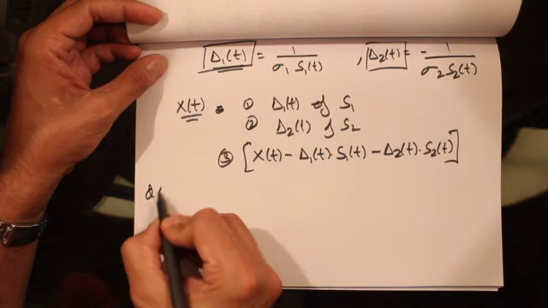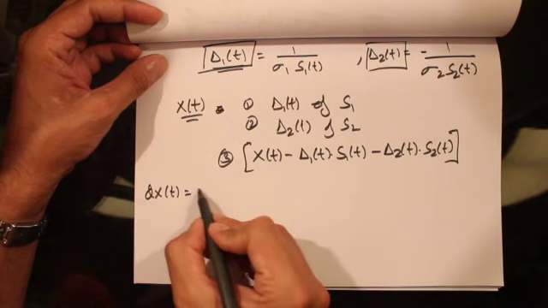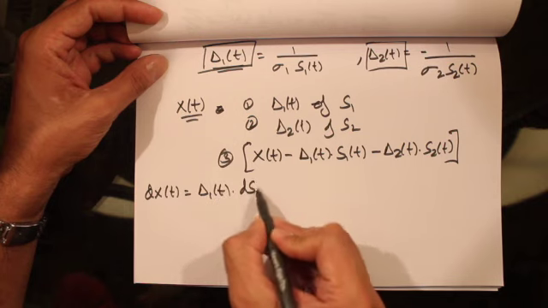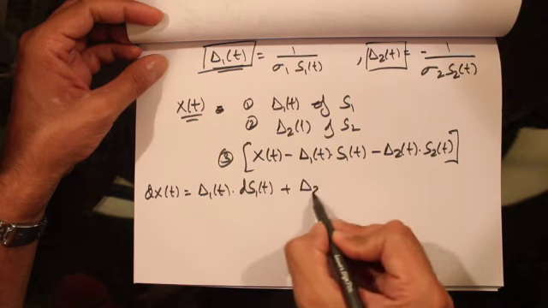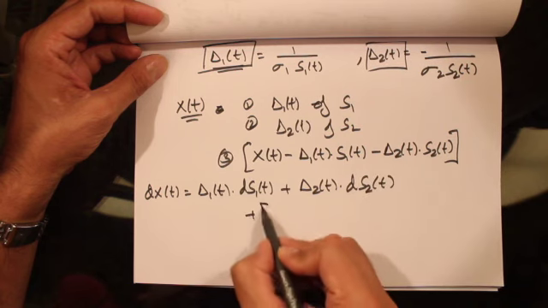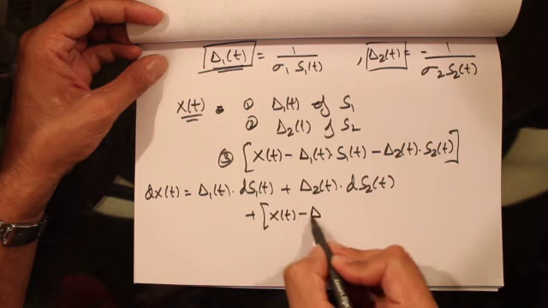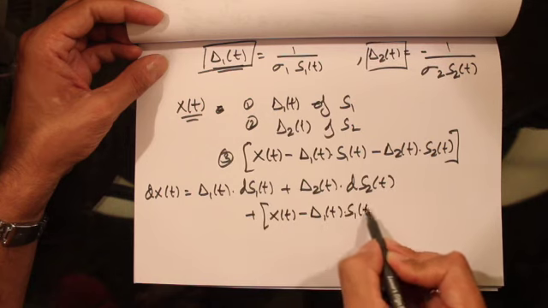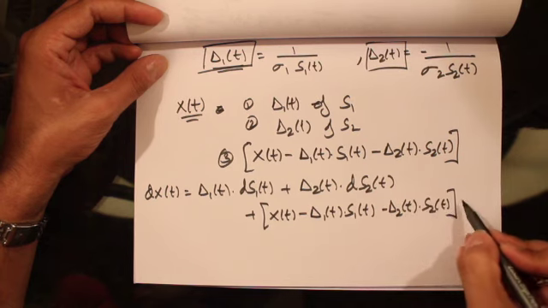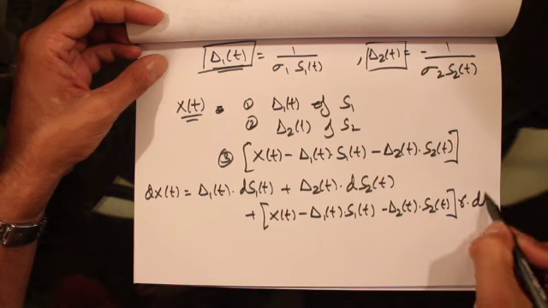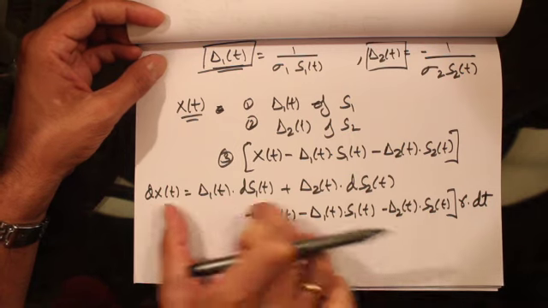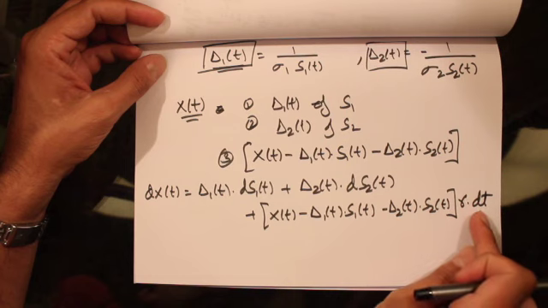So the differential of our portfolio, dX(t), would be given by delta 1(t) times the change in the value of S1, dS1(t), plus delta 2(t) times the change in the value of S2, dS2(t), and finally our position in the money market account, which is going to accrue interest at the rate of r times dt. Where the interest rate is constant, as we just talked about. So this would be the change in the value of a portfolio for a small change in time.